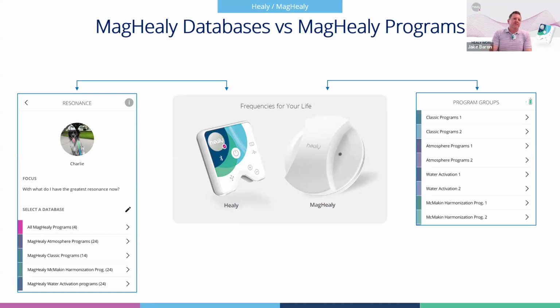Yeah, absolutely. So again, you don't replace the MagHealy by just vibrating the programs via the Analyze app. Ken mentioned you can use these together; they complement each other as well. Just like running or vibrating programs with your Healy doesn't replace using microcurrent with the Healy 2 app either.